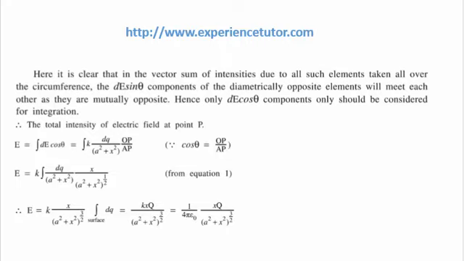The total intensity of the electric field at point P is E = integration dE cos theta = integration k dq/(a² + x²) times OP/OA. Cos theta = OP/AP. E = k dq/(a² + x²) times x/√(a² + x²).